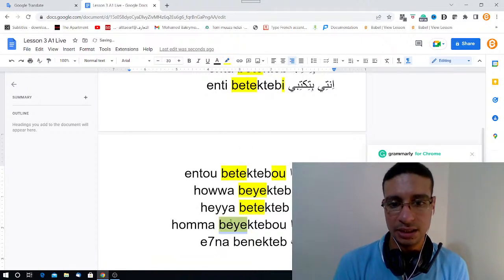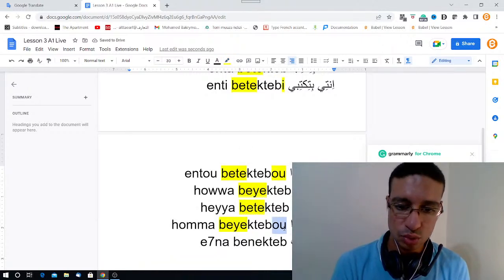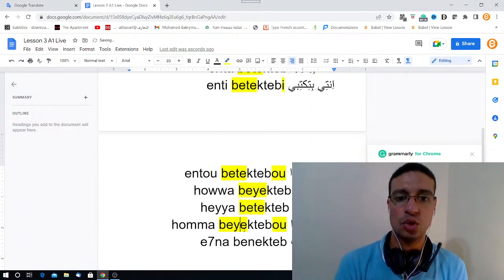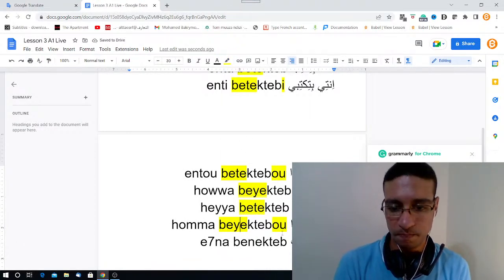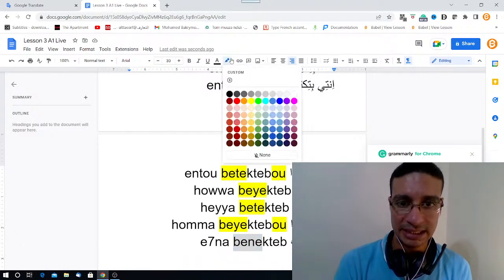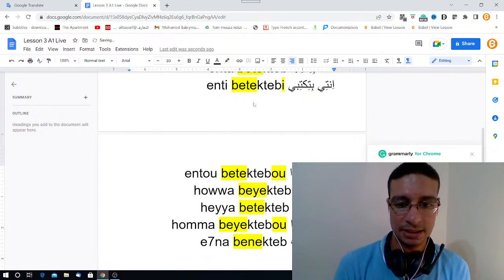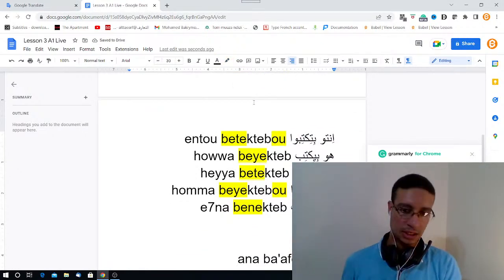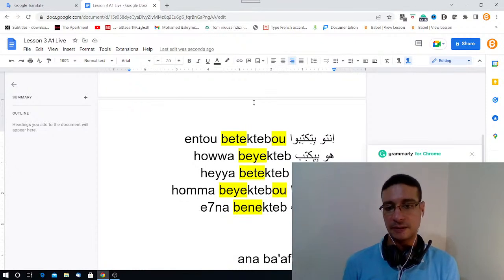So بيكتب, and then we add u at the end for the plural. So هما بيكتبوا. And then إحنا بنكتب. Okay. So this verb is أفل, the next one.